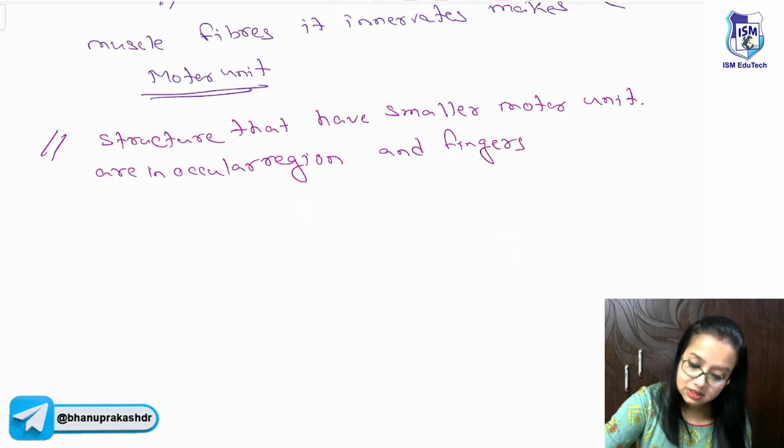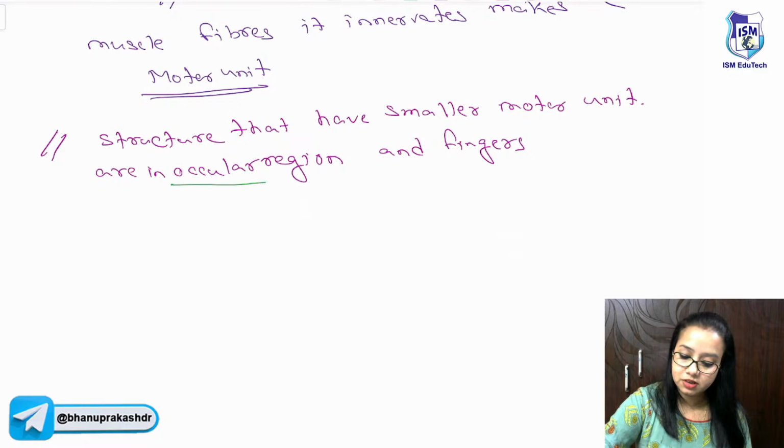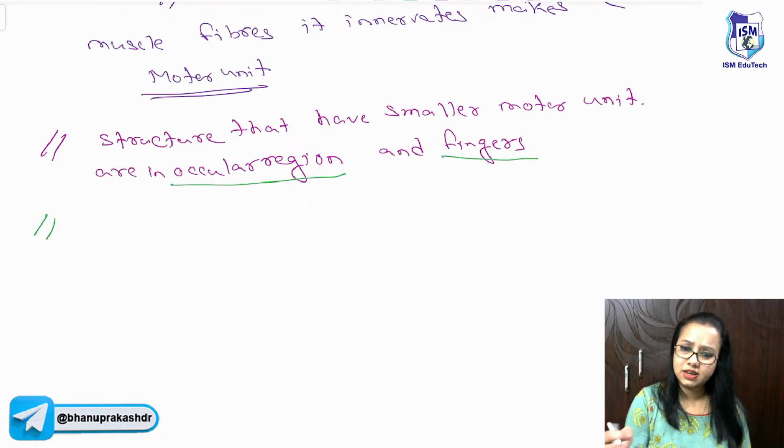So basically structures that are involved with fine work. With fingers, what do we do? We write, we stitch, we draw, we sew, we knit wool. So the fine work that we do with these structures, and the ocular also, is very precise.